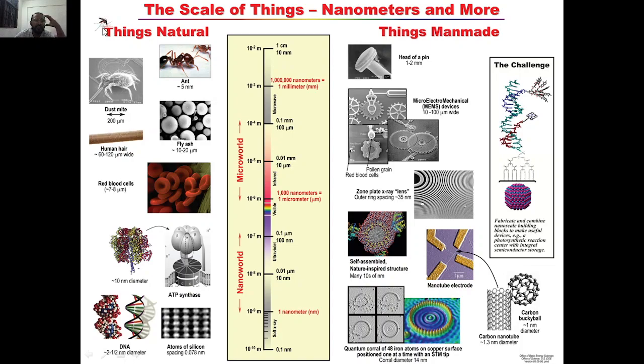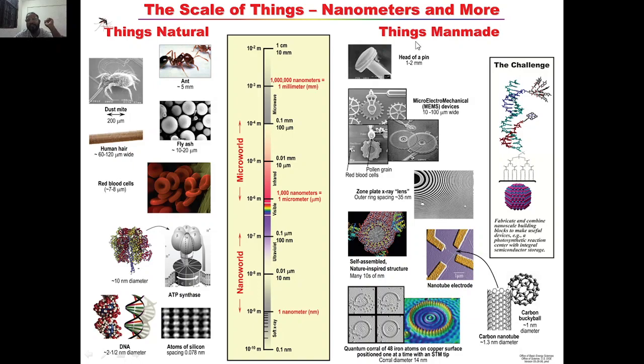In natural things we have the dust mite, which is around 200 micrometer. Or if you want a still bigger size, we have the ant, which is around 5 millimeter. You might have seen how tiny it looks. That's just the beginning of the comparison here.